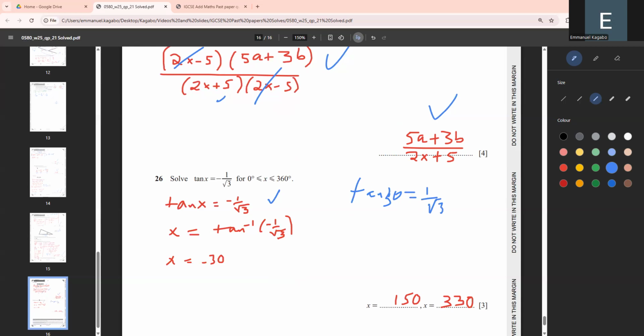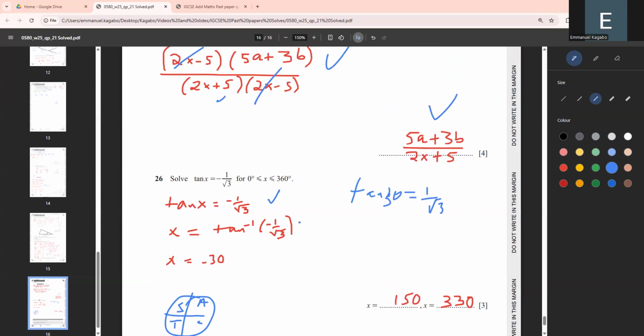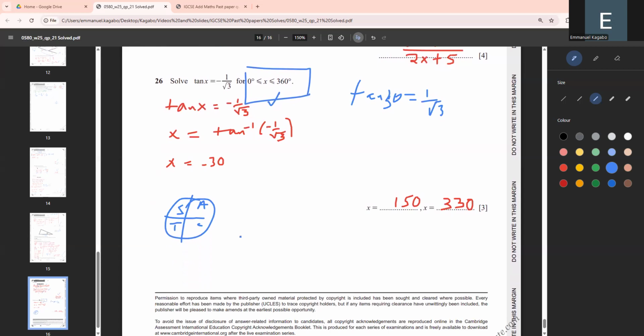That's the idea now. So basing on knowing that, and this is negative, gives you that. But you should also remember this: All Students Take Chemistry. Now, from the domain they gave us, they are looking for the angles that are positive, not the negative. So we have to ask ourselves, on this All Students Take Chemistry, where do we have tan negative?